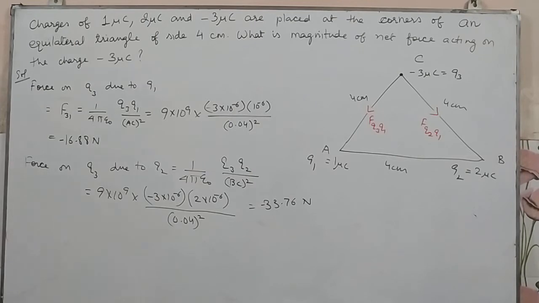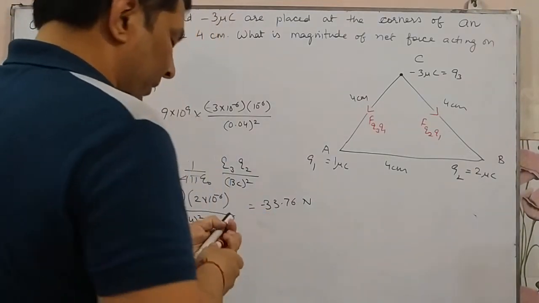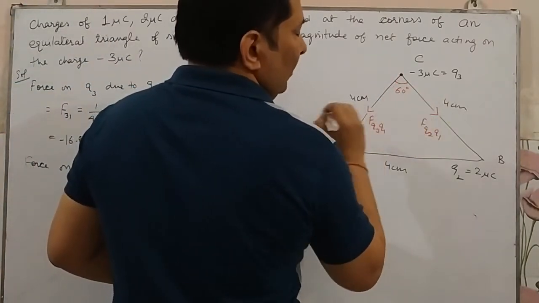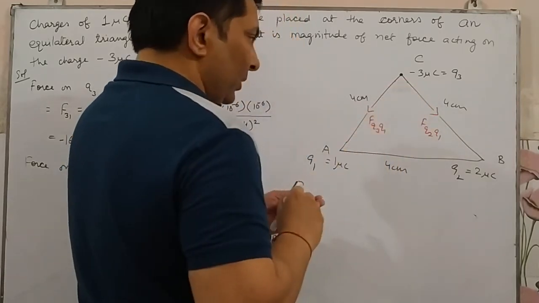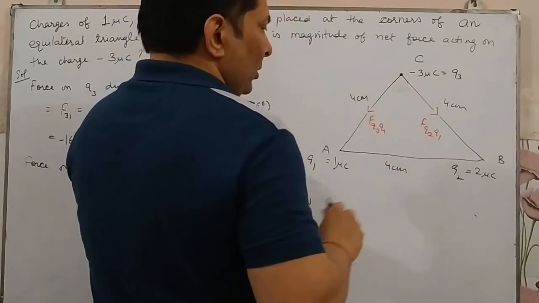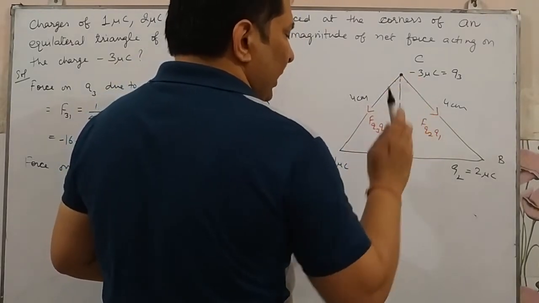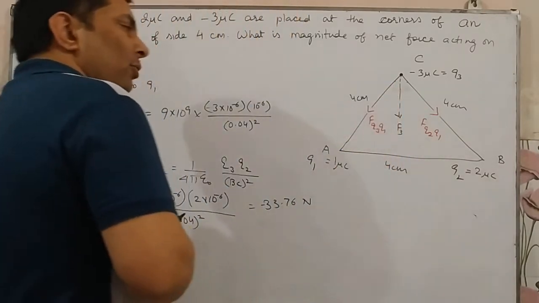Now, the resultant force we need to find, and as we have discussed, this is an equilateral triangle, so the angle between the two forces will be 60 degree. I will just tell you for your knowledge, the angle between the two forces is 60 degree. So we need to find the resultant force, that is F, or you can say F3.